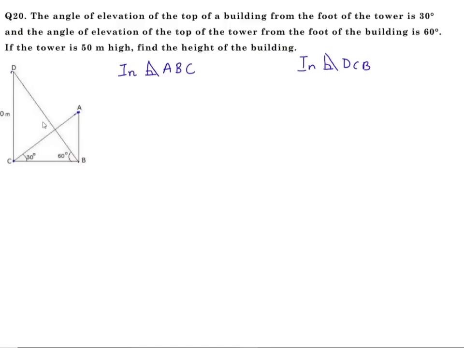After writing that, in right angle triangle ABC, find out the hypotenuse. Hypotenuse is AC, opposite is AB, and adjacent is BC. In the same way, for DCB, the hypotenuse, the longest side, is DB, opposite side is DC, adjacent is BC or CB. Now for both the right angle triangles, write the tan ratio.